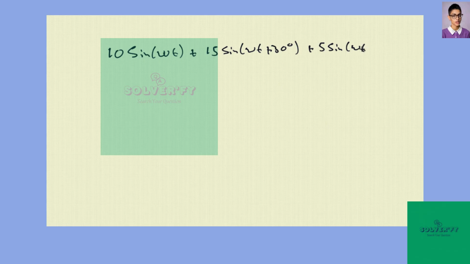These three waves are 10 sine omega t, 15 sine omega t plus a phase of 30 degrees, and 5 sine of omega t minus 45 degrees. We're going to add all these up, and they want us to add these up using a phasor method.